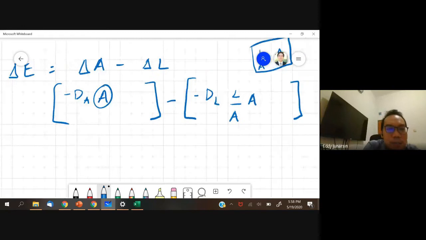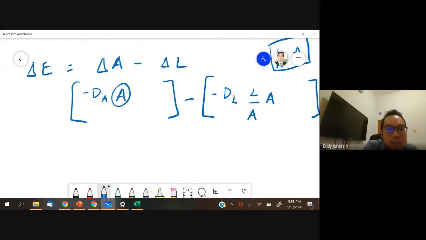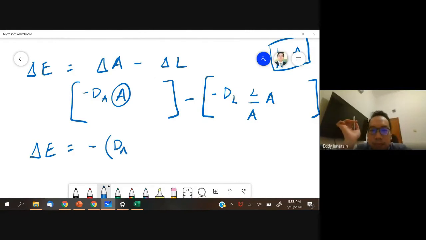Okay, so I could write minus duration of assets, minus duration of liabilities, right?